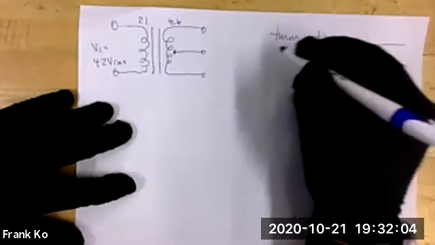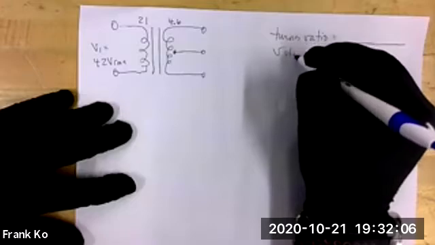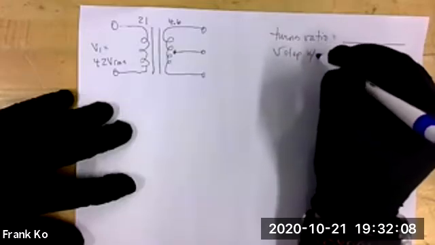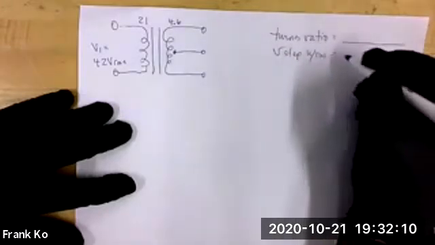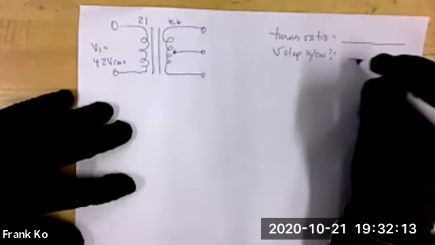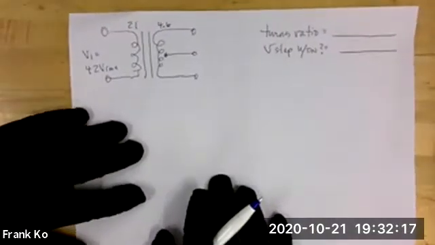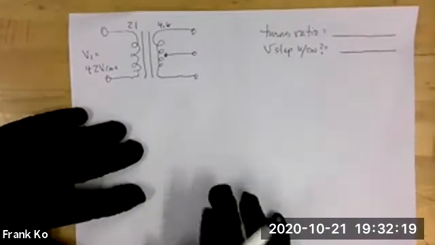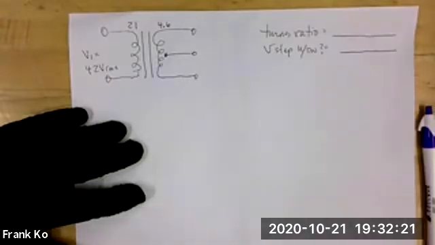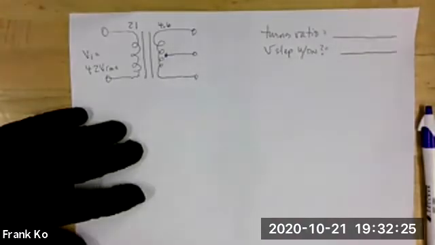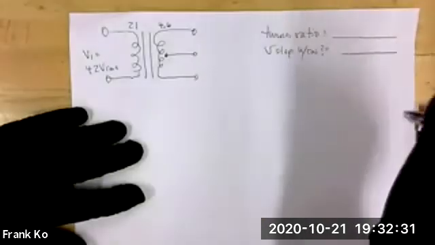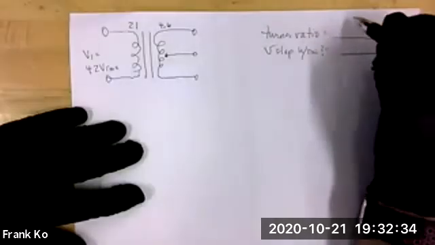Turns ratio is blank, and V step up or down, question mark. So how do we determine our turns ratio? Question goes to Ivan. Give me a formula for turns ratio.